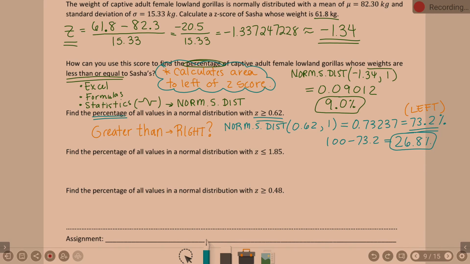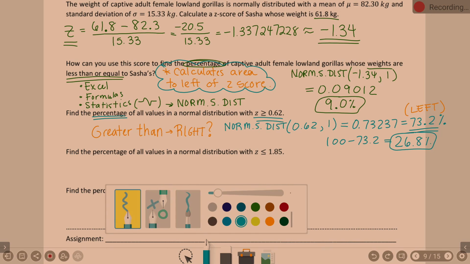It's going to give you everything to the left. If it's asking for greater than, you're going to have to subtract from 100% because they're giving you the left, subtract from 100 to get the right values. Understood? So the less than, that first answer would be our answer. Yes, correct.